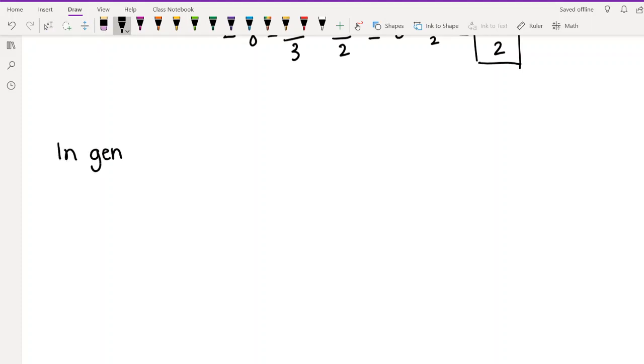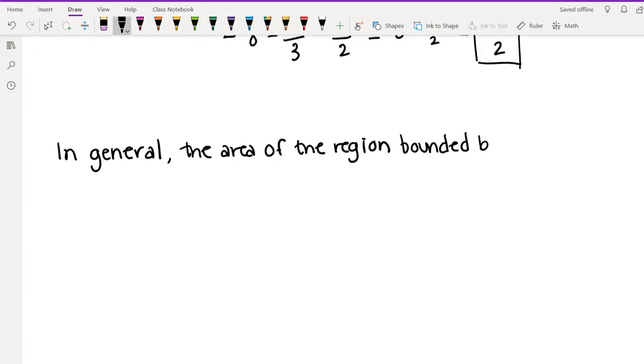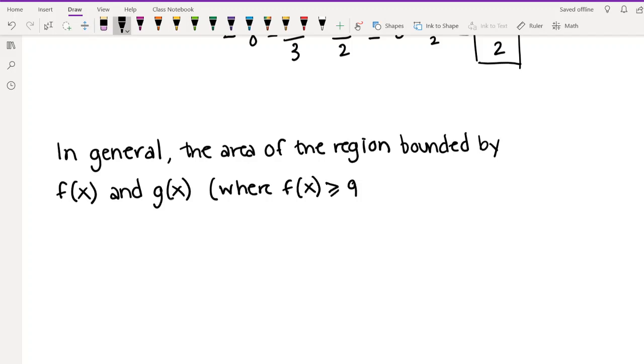So in general, the area of the region bounded by f of x and g of x, where f of x is greater than or equal to g of x, so where f of x is the top function.